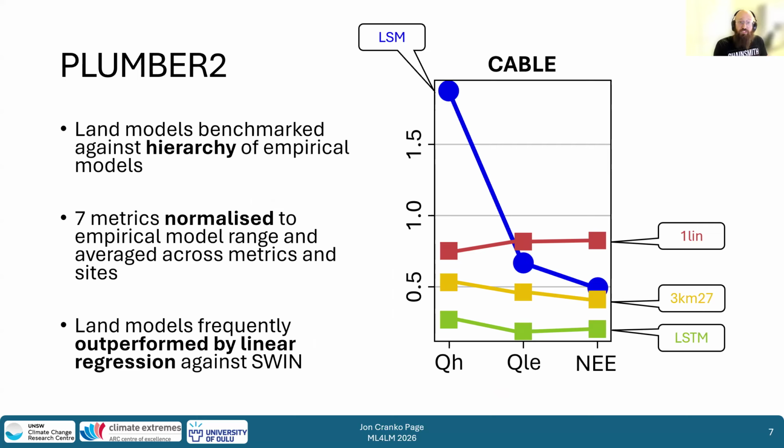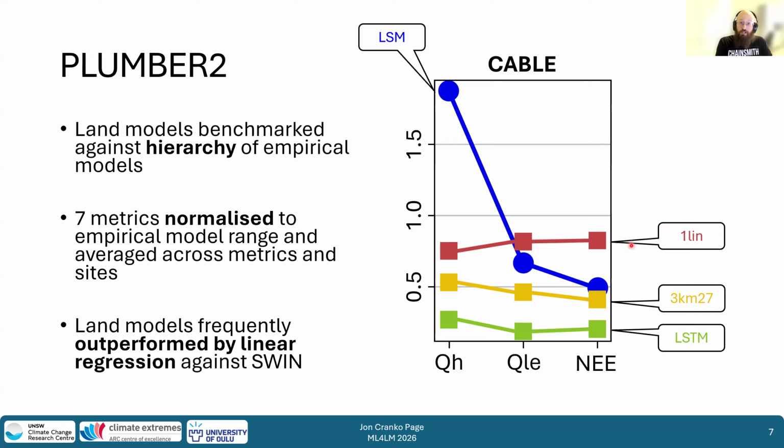So this is 7 metrics, all of which are independent, which means that for any time series, you can change it such that one of the metrics varies while the other 6 remain fixed. And then this is normalized. And so you can compare the land models against empirical benchmarks.